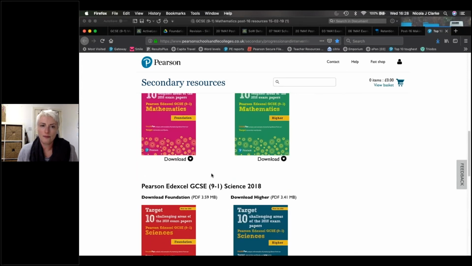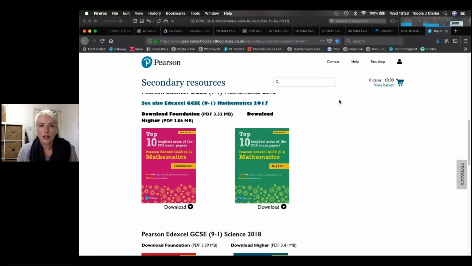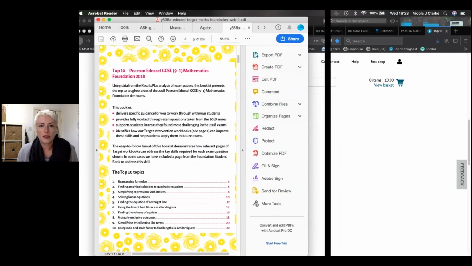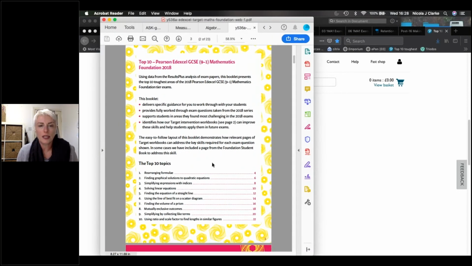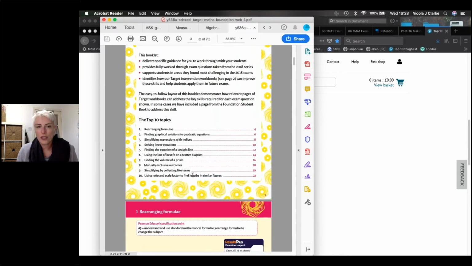But so the foundation, and the way that these work, I'll focus on the foundation because that's the bulk of our learners at post-16. It's the top 10 toughest questions as found by the statistics when Graham did the digging around.